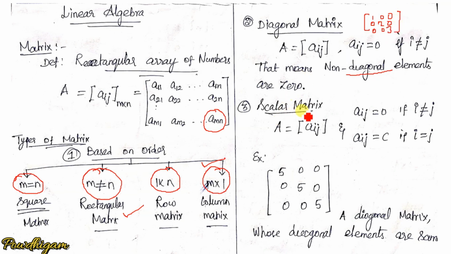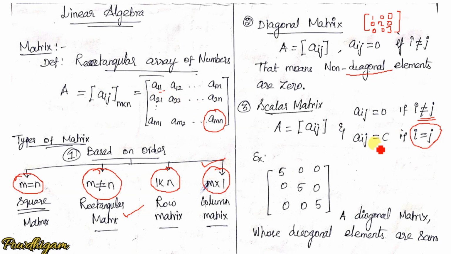Okay, next one is the scalar matrix. A scalar matrix we can also define as a matrix equal to [a_ij], where a_ij equals 0 if i is not equal to j, that means non-diagonal elements are 0, and a_ij equals c if i equals j, that means all the diagonal elements. Because in the matrix definition, a11, a22, up to amn, i equal to j means those elements are the diagonal elements.